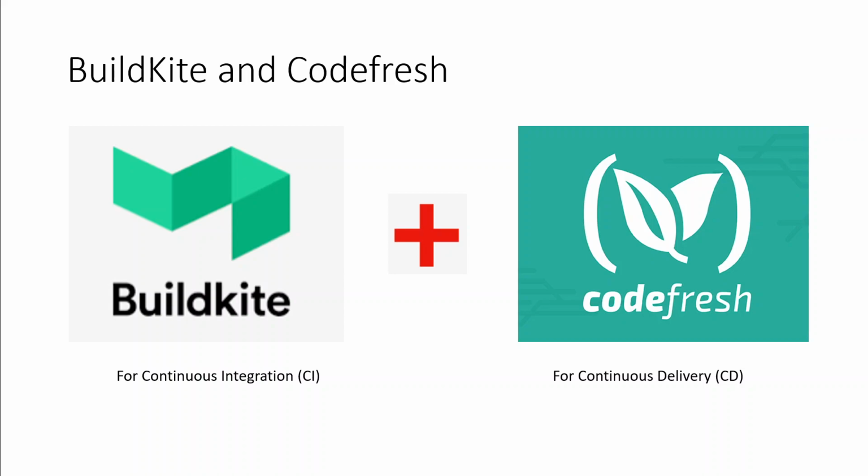And then you build artifacts through the BuildKite CI process. Then as you commit the application plus the Kubernetes manifest to Git, a GitOps tool like Codefresh takes over and deploys this to the destination, which is the Kubernetes cluster, automatically. So you are combining the power of CI with GitOps in a very secure way while meeting all the DORA metrics like change failure rate, MTTR, deployment frequency, and lead time.